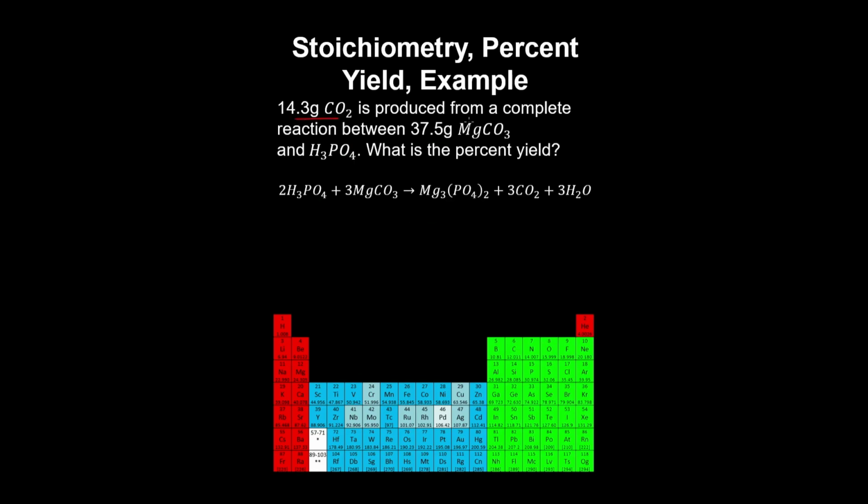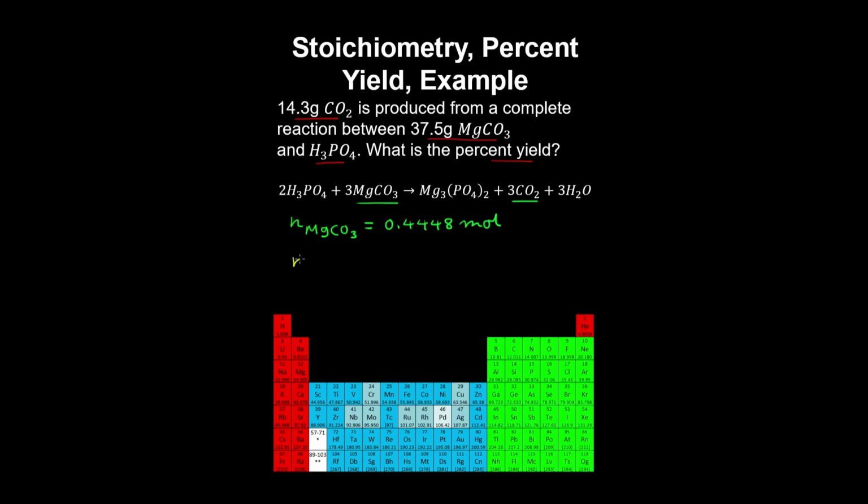14.3 grams of carbon dioxide is produced from a complete reaction between 37.5 grams of magnesium carbonate and phosphoric acid. What is the percent yield? So first we need to check that the equation is balanced, and then calculate the number of moles from the given quantities, which can be obtained by dividing the mass by the molar mass of the molecule. And 3 moles of magnesium carbonate yields 3 moles of CO2.